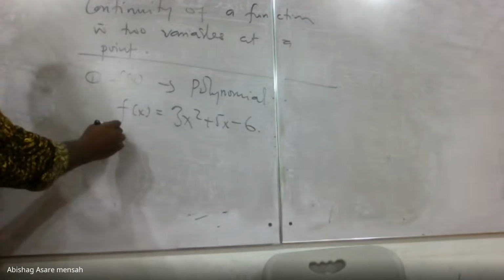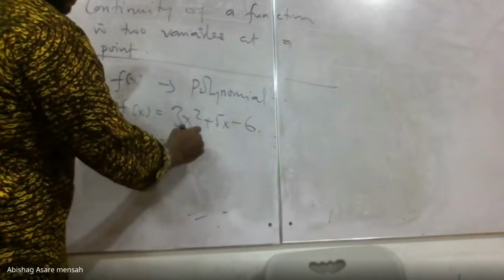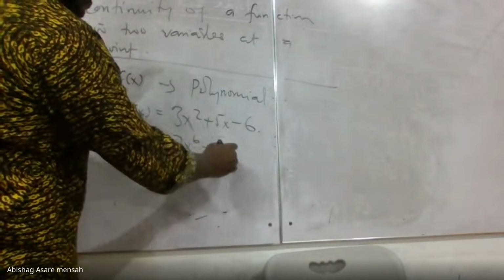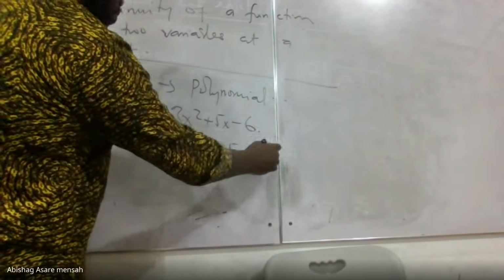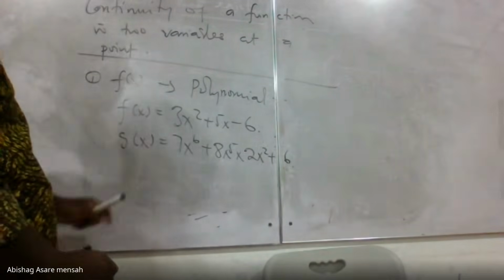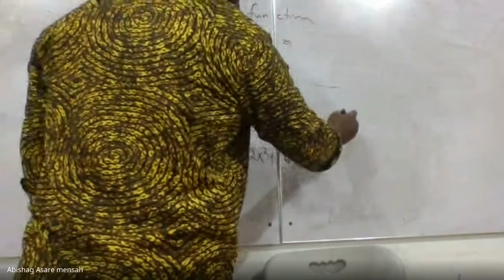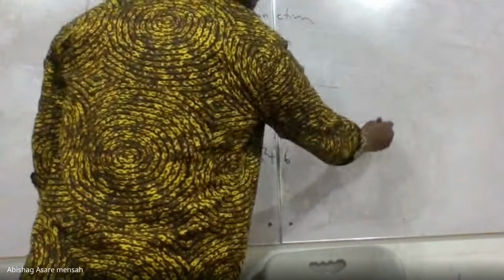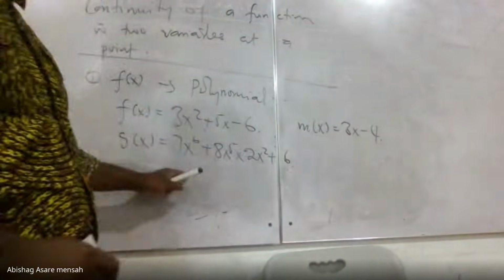We'll give you different examples. g of x is equal to 7x exponent 6 plus 8x exponent 5 plus 2x exponent 2 plus 6. So any of these. Another example is m of x is equal to 3x minus 4. So all of these are examples of polynomials.